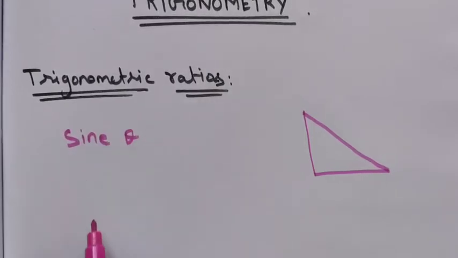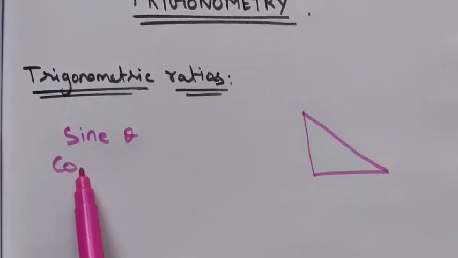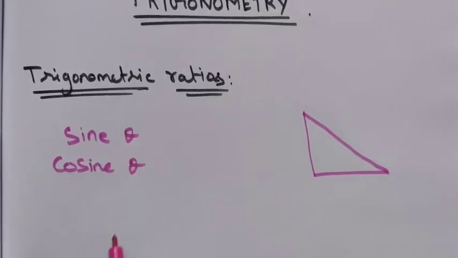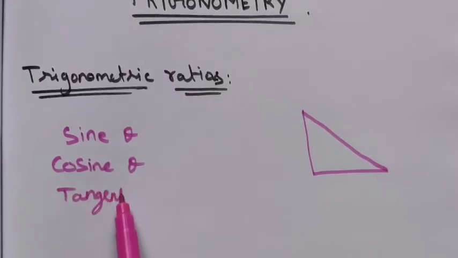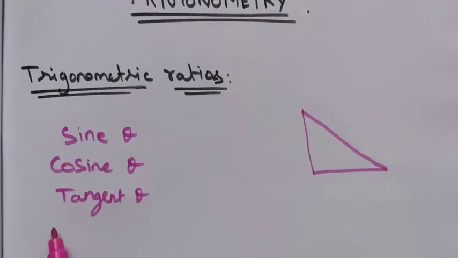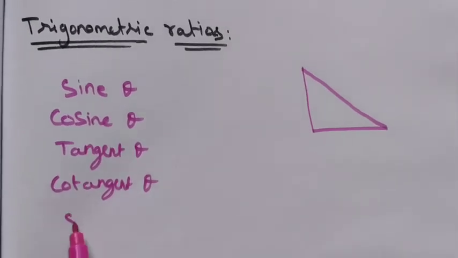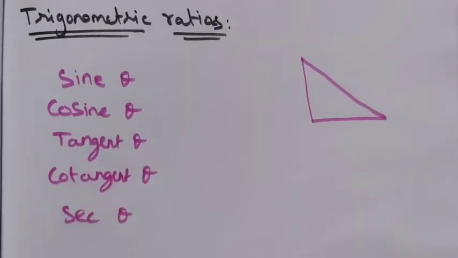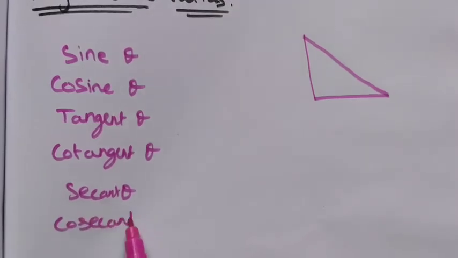sin theta and then cosine theta, tangent theta and then cotangent theta and then secant theta, cosecant theta.